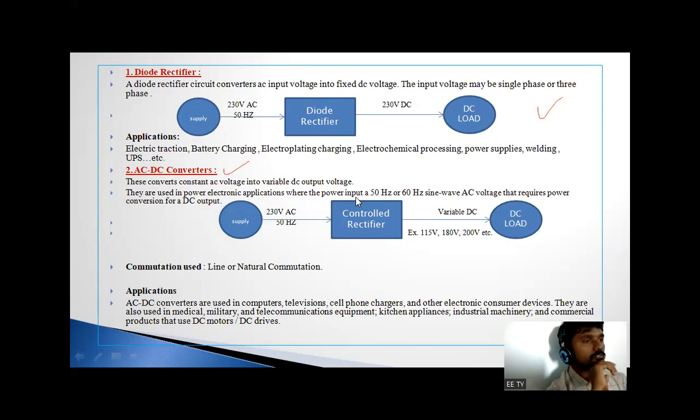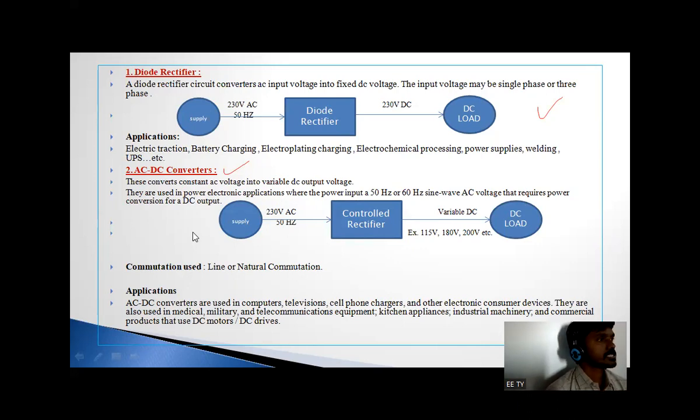Bracket close. Will convert from fixed AC input voltage into variable DC output voltage.